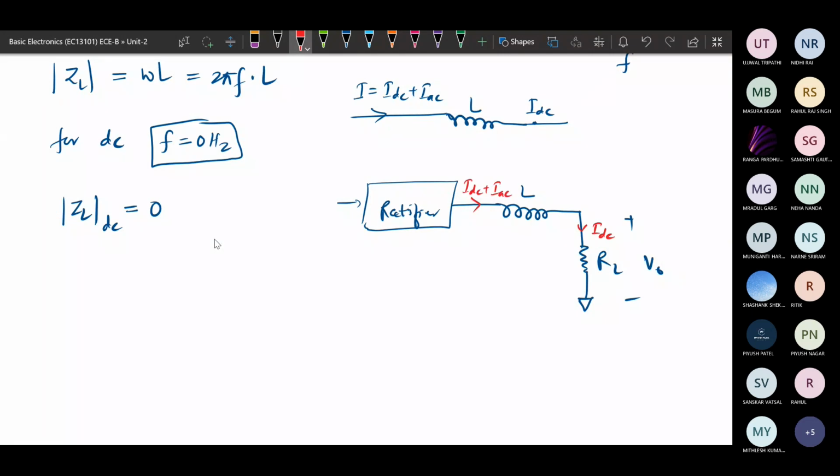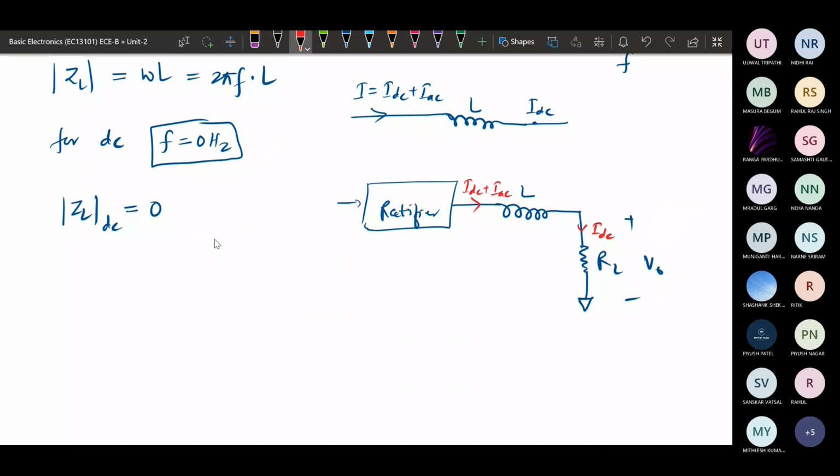Even this does not have much efficiency. Here we have AC and DC, and at the output we get only DC.